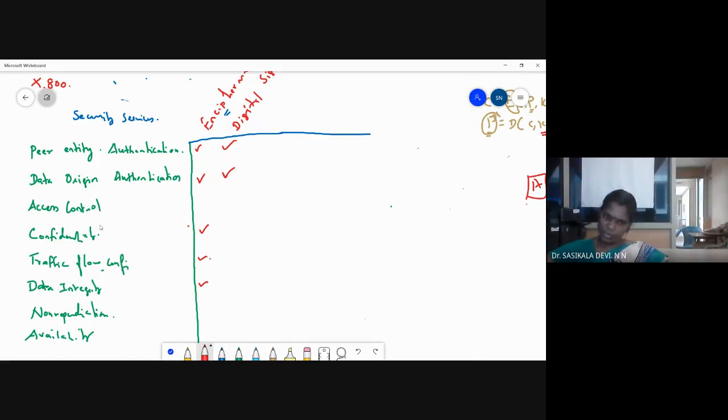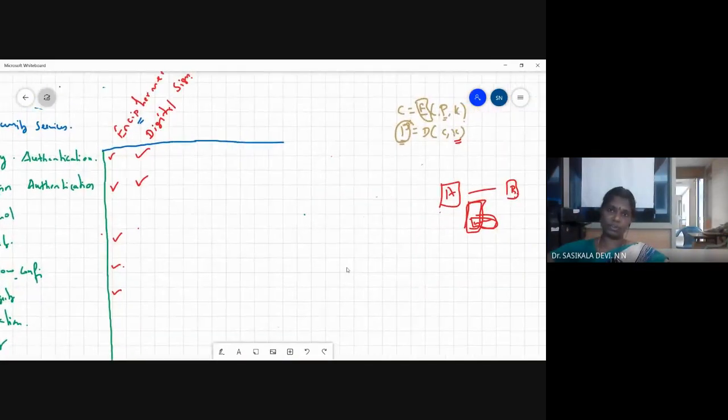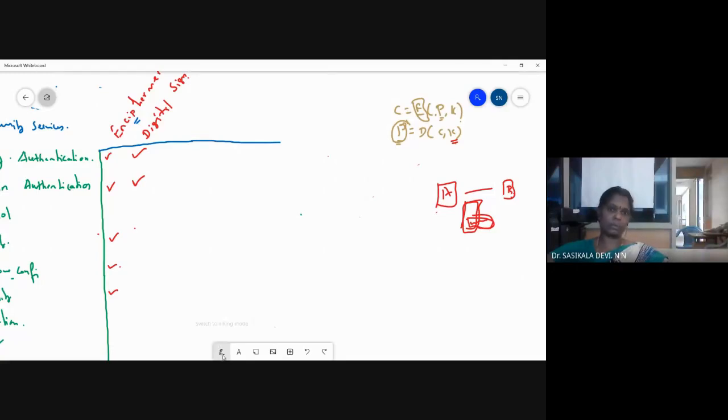Is it possible to provide confidentiality with the digital signature mechanism? Tell me yes or no. I'll give you a small clue: digital signature and encipherment are based on the same principle. Let me take a simple case here.